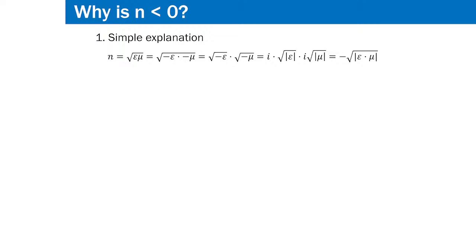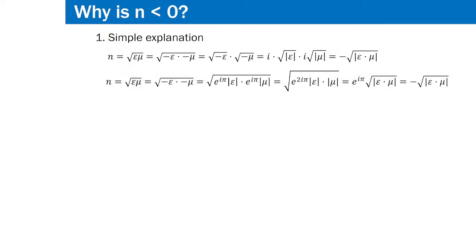Another way of saying the same thing using simple mathematics is to write n as root over of epsilon mu. Both are negative, so it is root over of minus epsilon into minus mu.